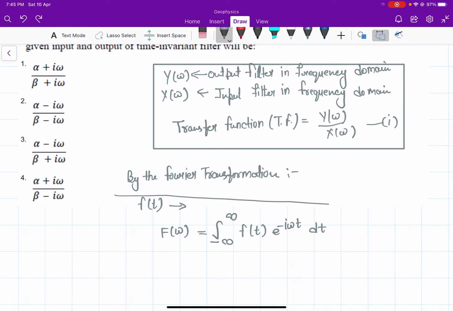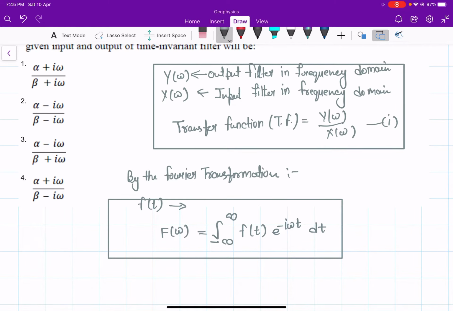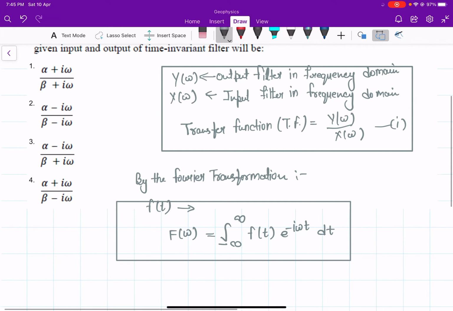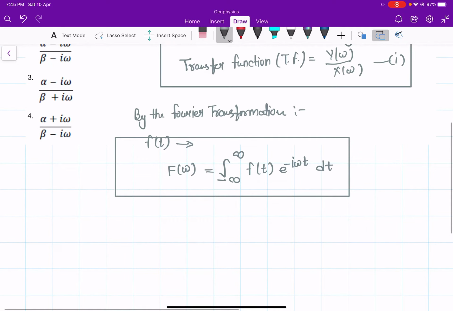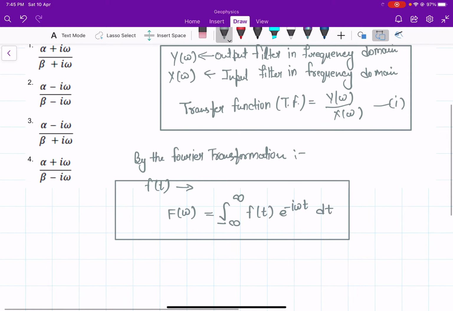So this is the expression for Fourier transform. If f(t) is given in time domain, then F(ω) we will calculate with the help of Fourier transformation.